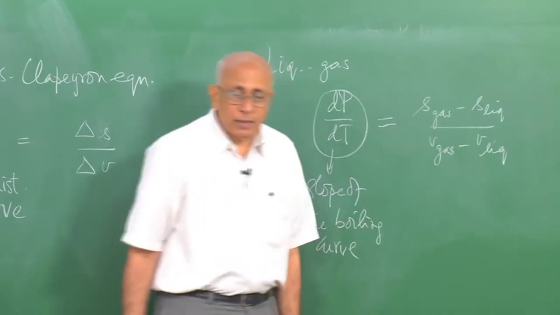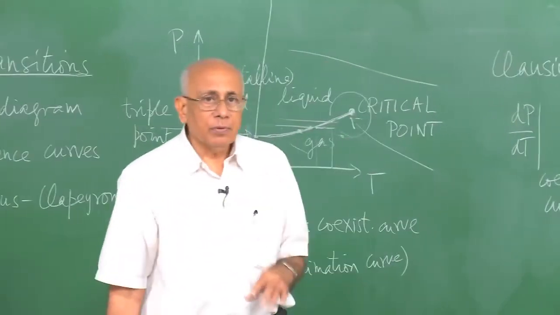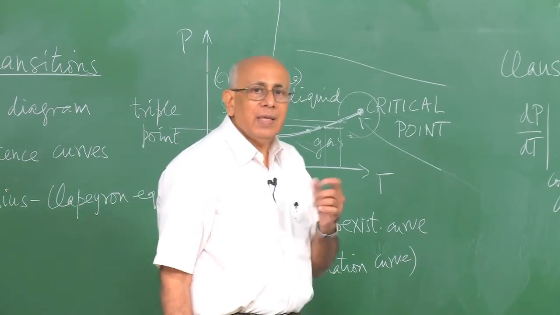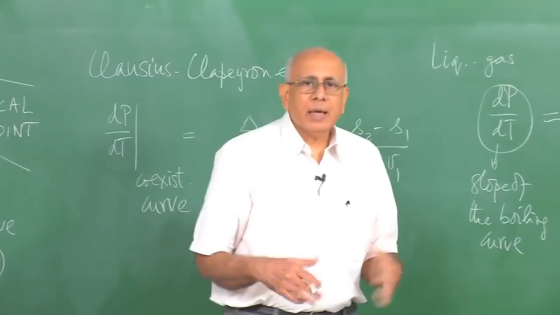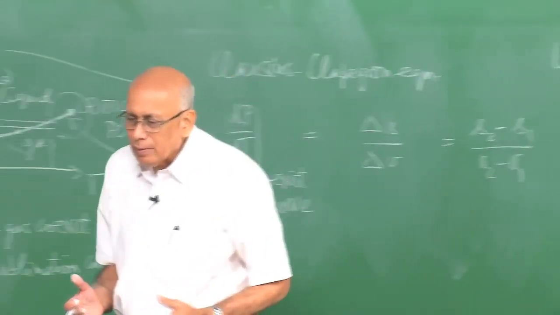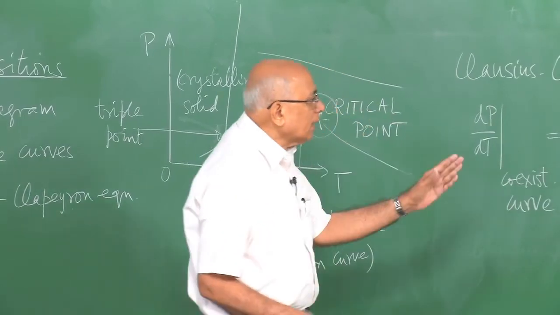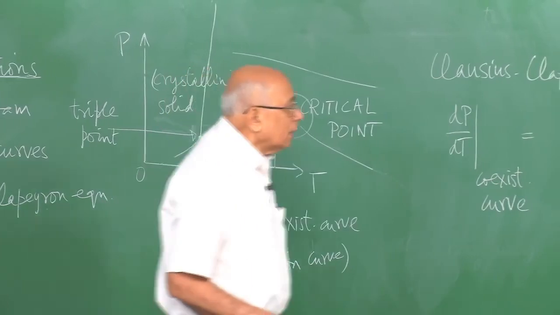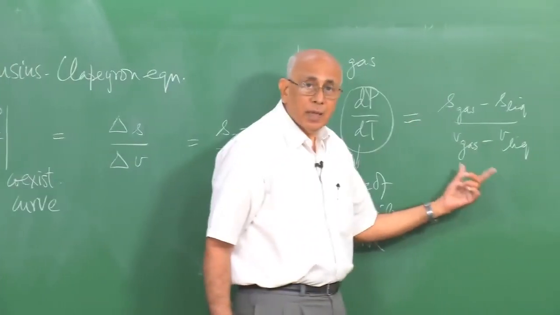The gas has a specific volume which is also much greater than the corresponding volume of the same amount of liquid. In the case of water, for instance, we know that 1 cc of liquid water, under normal conditions, boiling at 1 atmosphere pressure, becomes 1600 cc of gas or water vapor. So V gas is much greater than V liquid, S gas is much greater than S liquid. The numerator is large positive, the denominator is large positive.